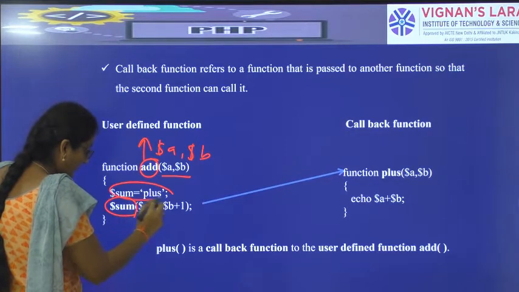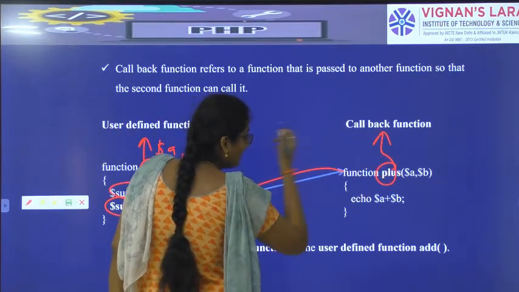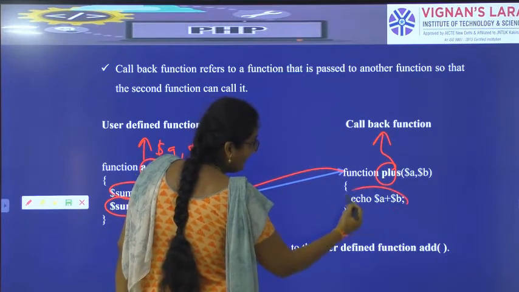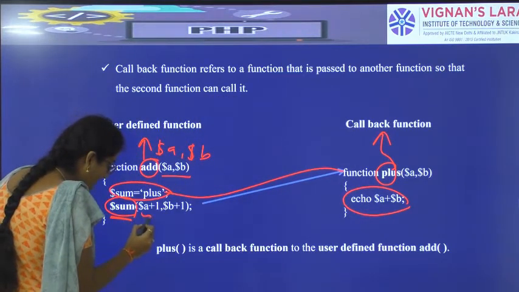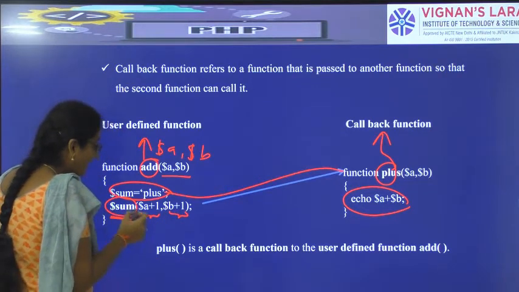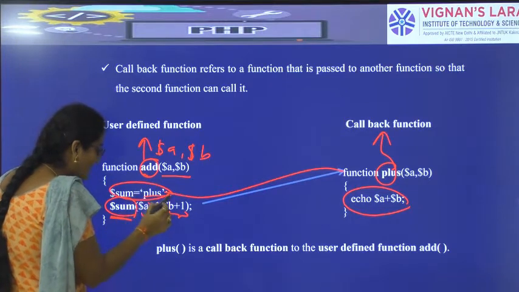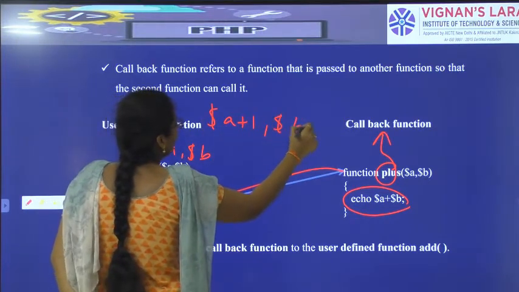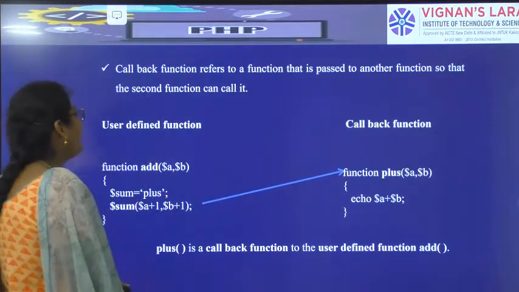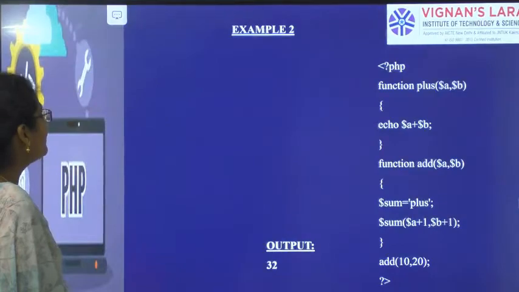Sum is also nothing but plus, and plus is nothing but a callback function. So then we have $a plus $b, but in the sum we have $a plus 1 and $b plus 1. So add will again be called back by plus, and we have to perform $a plus 1 and $b plus 1. That's why the output will change to 32.